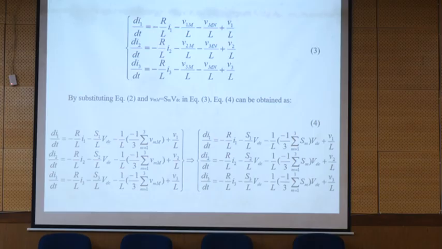Okay? So what is the mission of the grid connected converter? We are going to provide electricity, injecting current to support the grid. It can be part of the active power or reactive power.